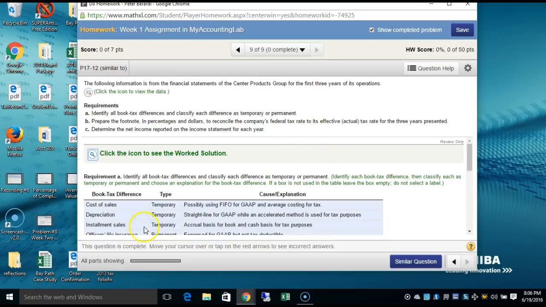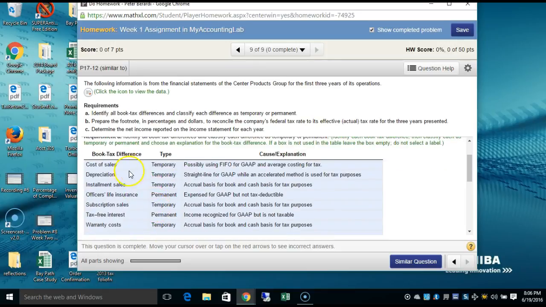So under A, cost of sales is your first book tax difference, which is temporary, possibly using FIFO for GAAP and average cost for tax. Depreciation is temporary, straight line versus accelerated. Installment sales is temporary, accrual basis versus cash basis.